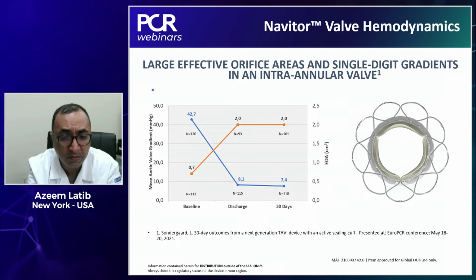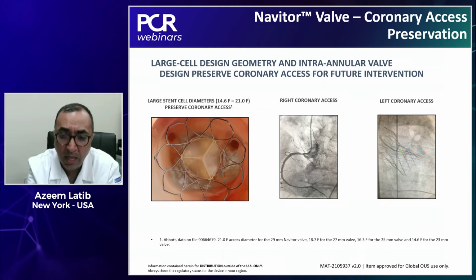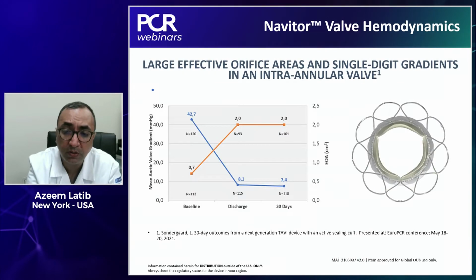I think we've all been excited to see this kind of data where you see single-digit gradients for an intraannular valve, and I think a lot of it has to do with the valve design, and also the improved radial force. So you see large valve areas, 2 here, in the study that you published last, and single-digit gradients. Particularly in our patient who has a low ejection fraction, this is going to be impactful.